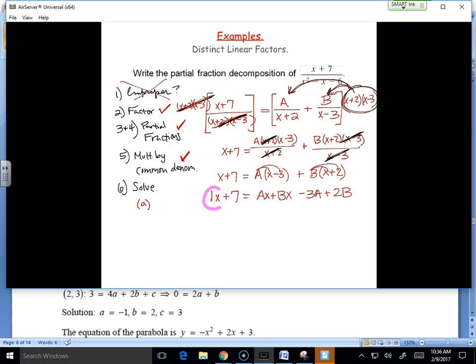Do you see the x term and the other x terms? Do you see the constant term and the other constant terms? I can set up two equations and say 1x has to come from ax plus bx, and 7 has to come from the non-x terms.